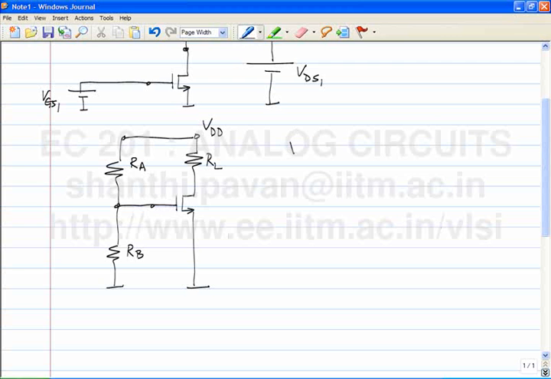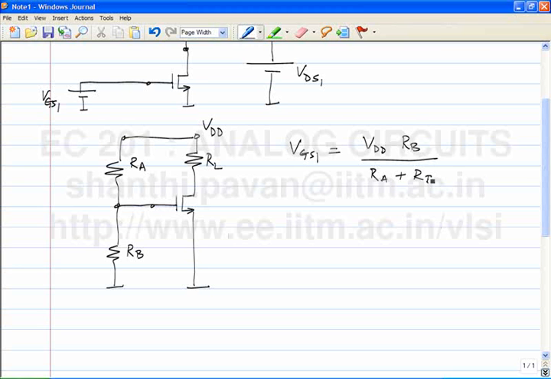What is VGS1 now? VDD times RB by RA plus RB. If you know what VGS1 you want to bias at and you know VDD, it's quite straightforward to figure out what the ratio of RA and RB should be. Please note that this still does not fix the absolute values of RA and RB.